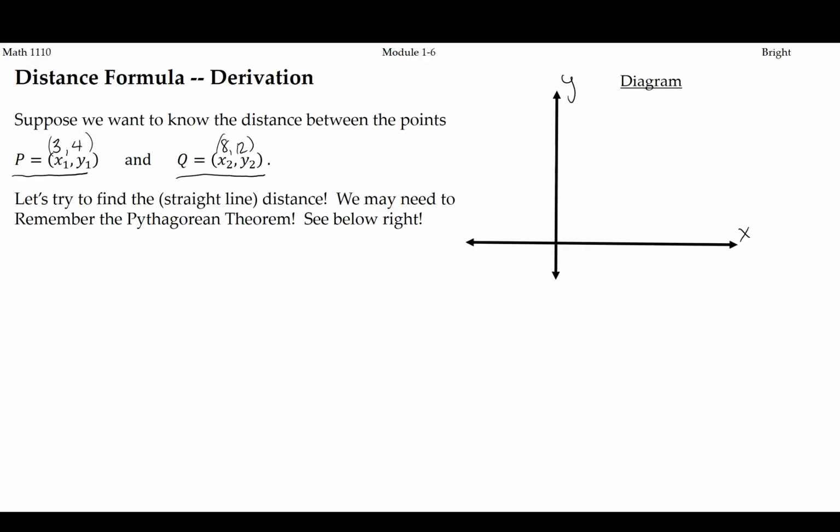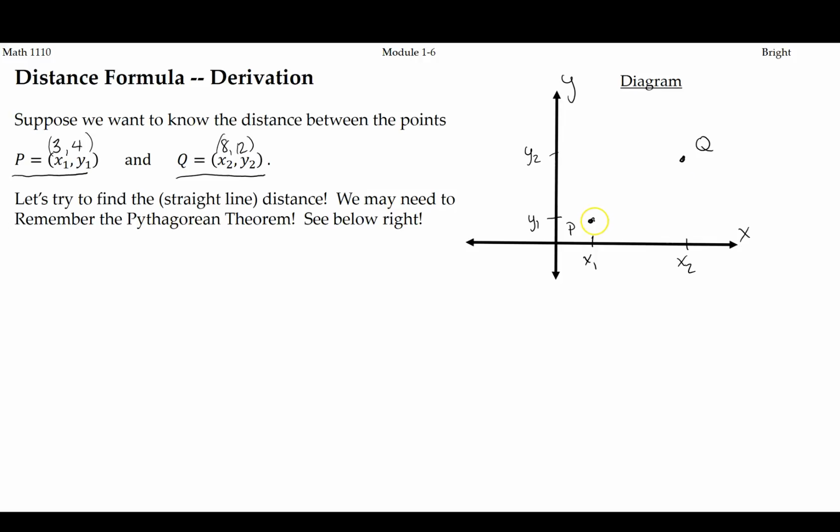Okay, so again, if I'm working with 2 points, I'm going to say I have my first point located at x1 comma y1, so the intersection of those two values on our directed number lines. This is going to be point P, and then maybe Q is a little bit further out at x2 and y2. Again, I'm assuming that the values would fall like this, and it's not going to much matter once we get to the formula, okay?